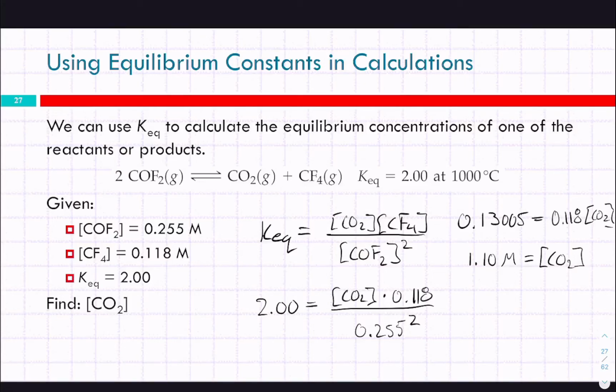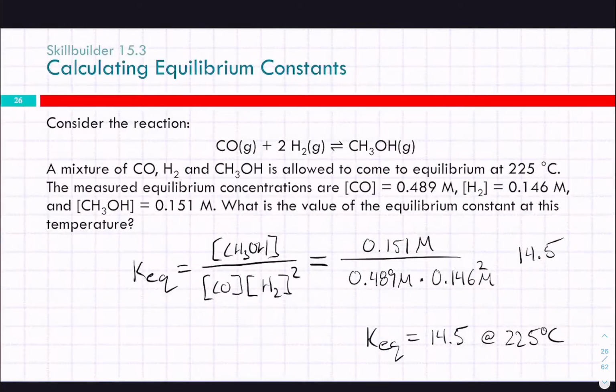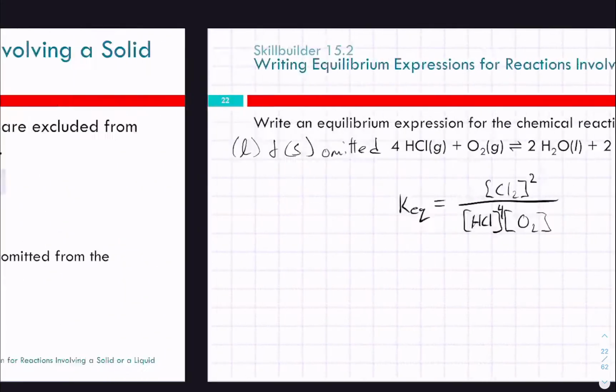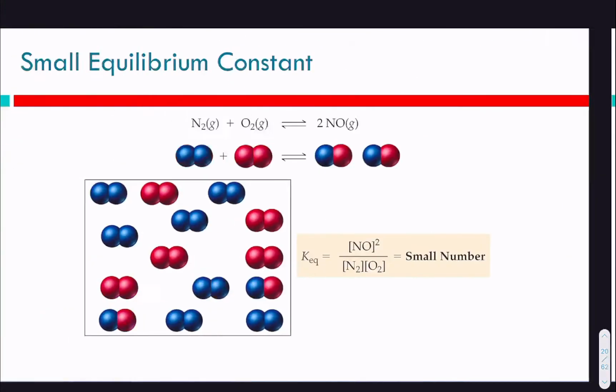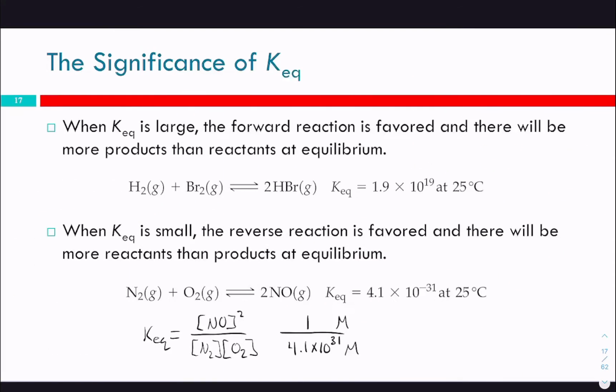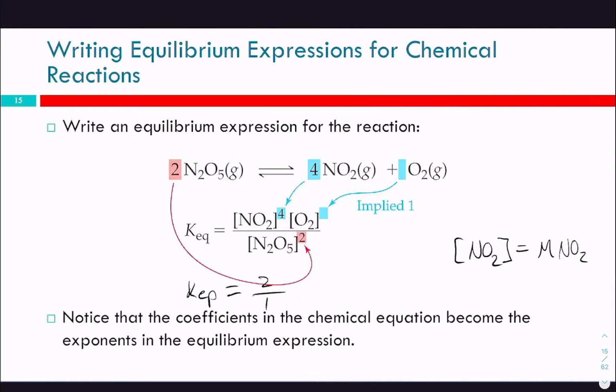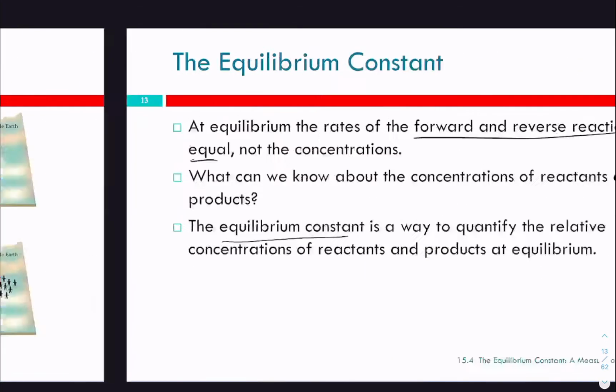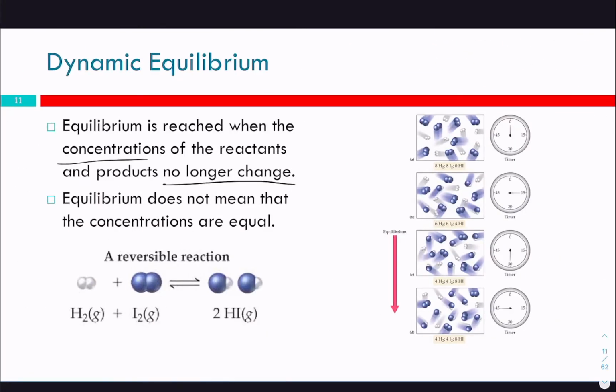All right, so today we're picking up where we left off with using equilibrium constants in equations. And I did want to review this idea of what equilibrium is. Equilibrium is not a static thing, it's dynamic. This was all the way at the beginning.